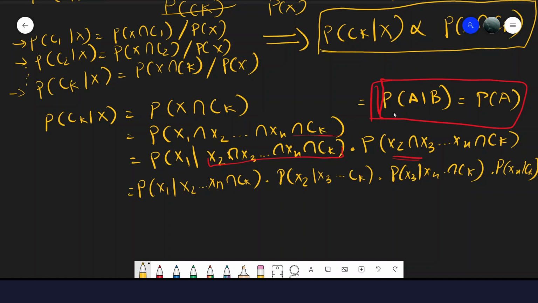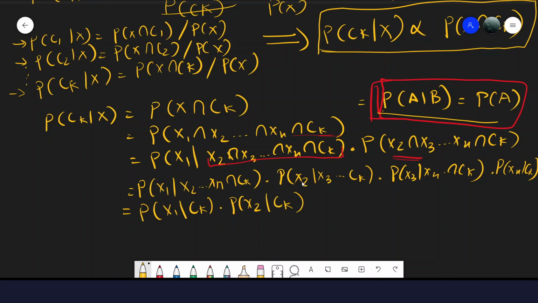Now, using the formulation of conditional independence, that P of A given B is equal to P of A if A and B are two events and they are independent of one another, I can write this as P of x1 given ck into P of x2 given ck.